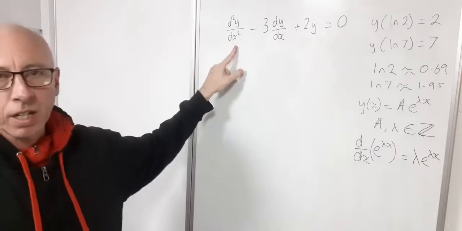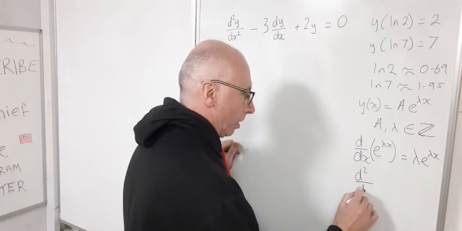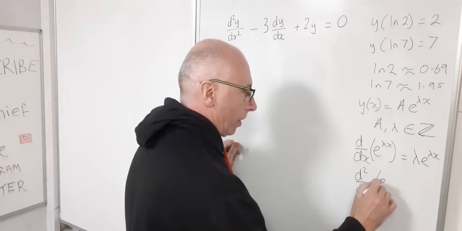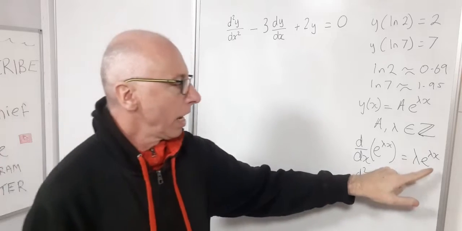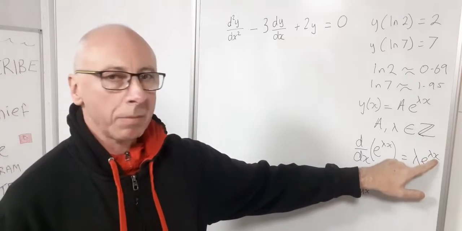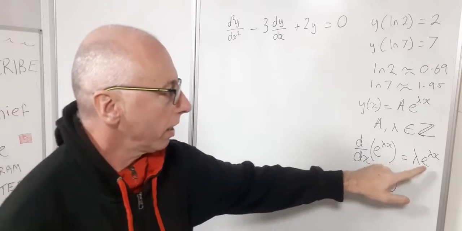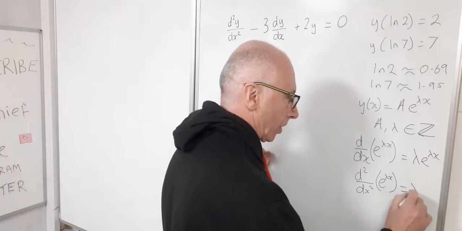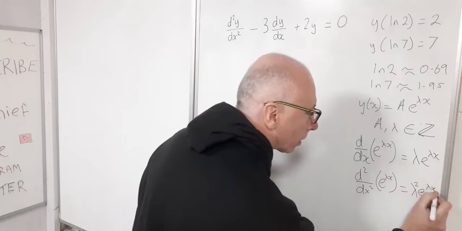And then here we've got the second derivative, so our second derivative of e to the lambda x is just the derivative of this. So here we've got e to the lambda x. We multiply both by lambda, so lambda squared e to the lambda x.